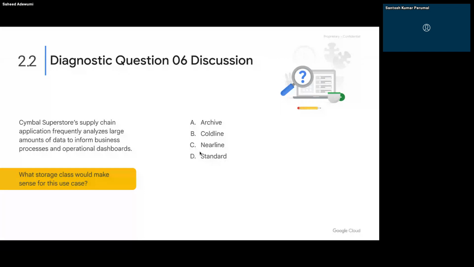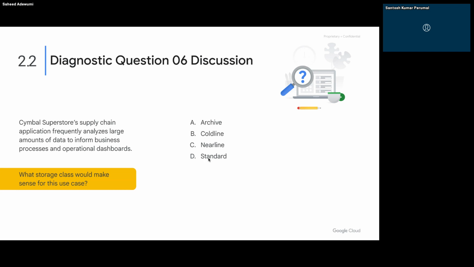Nearline is for data accessed within 30 days. Coldline is for 90 days, and Archive is for data you access maybe once in a year. So this is different. All these are used for the same purpose, but based on the accessibility for the users.